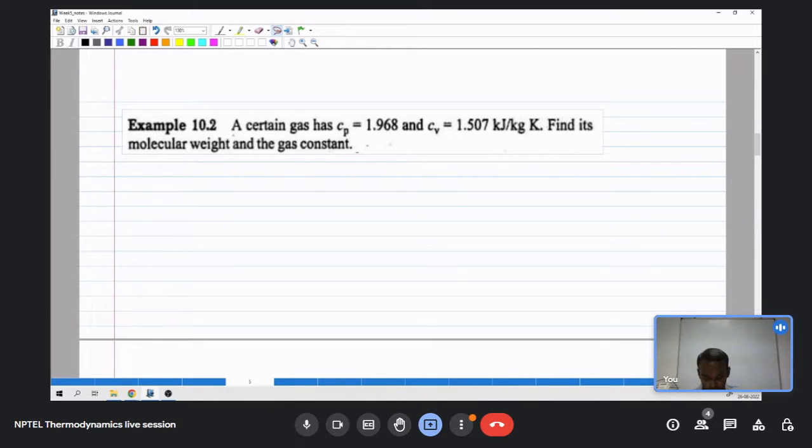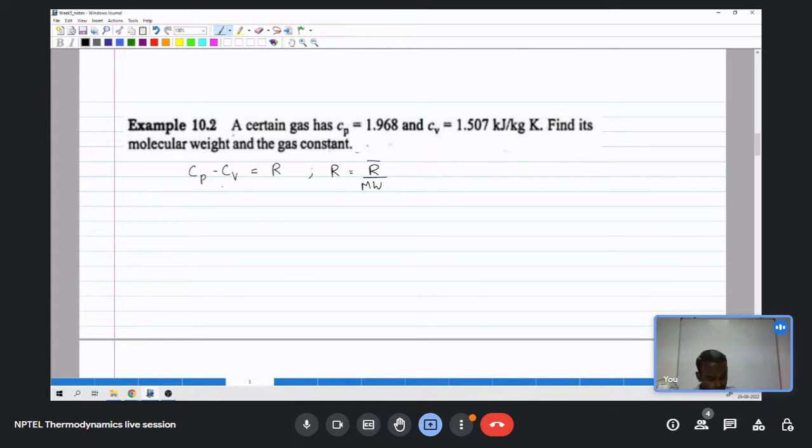So we know the relations between CP and CV. CP minus CV is R, and R is obtained by universal gas constant by molecular weight.